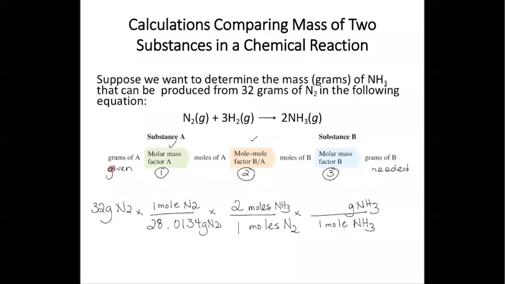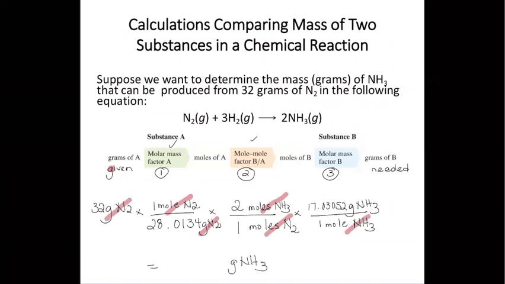Excellent, that's what I got also: 17.03052. When it comes to canceling units, grams of N2 with grams of N2, moles of N2 with moles of N2, moles of ammonia with moles of ammonia. So my final answer is in grams of ammonia.